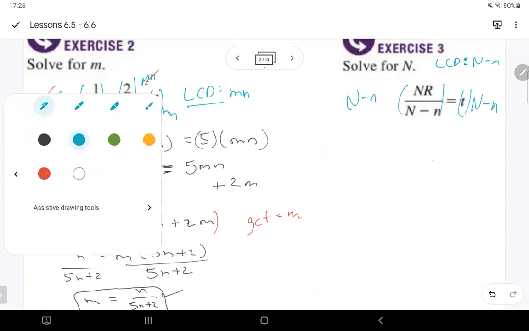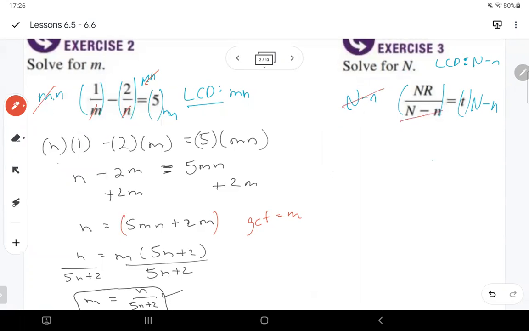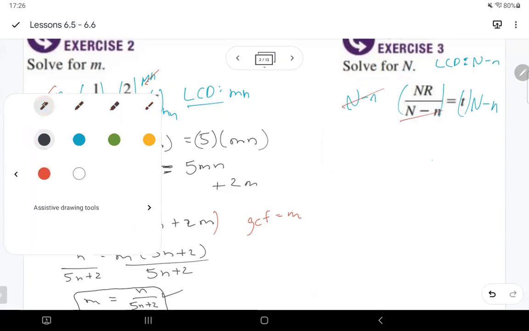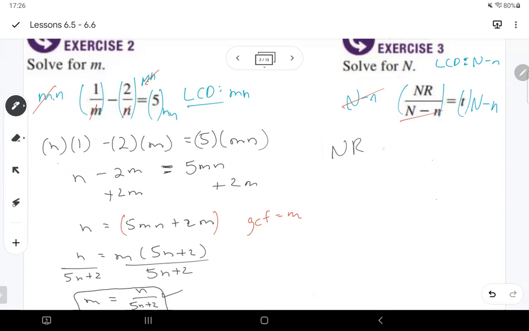So then the denominator cancels on that side. So we have NR equals T times N minus N.